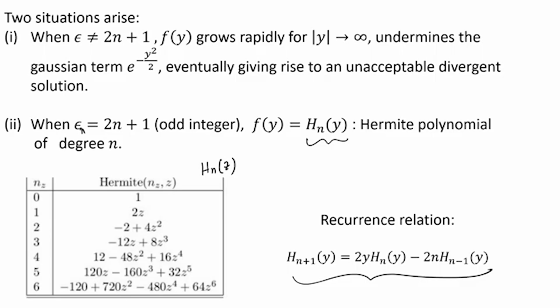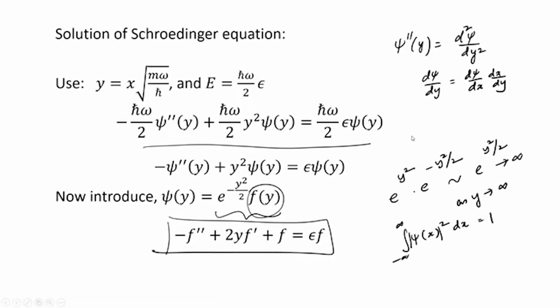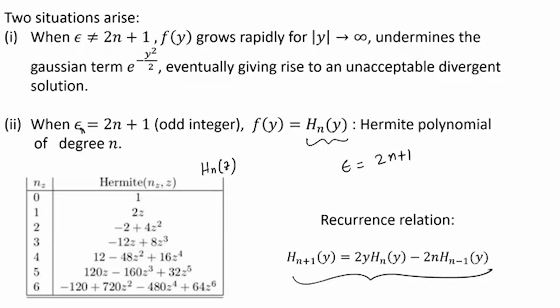So, what we have nicely got is that this epsilon becomes equal to 2n plus 1. If you look at the transformation, E equals h cross omega by 2 times epsilon. So, E becomes equal to h cross omega by 2 times 2n plus 1, and that tells you that this is equal to n plus half, h cross omega, and that is a result that you must have seen.